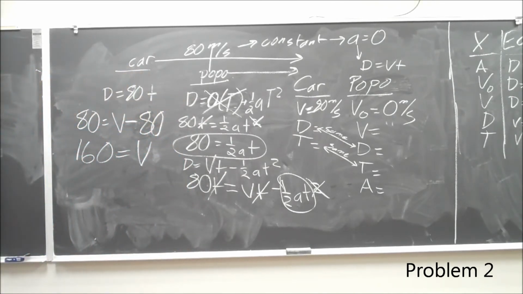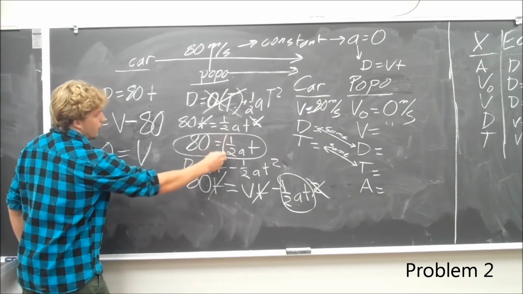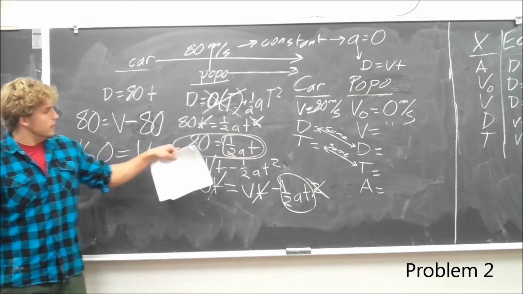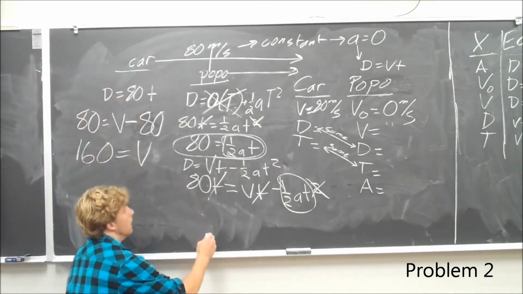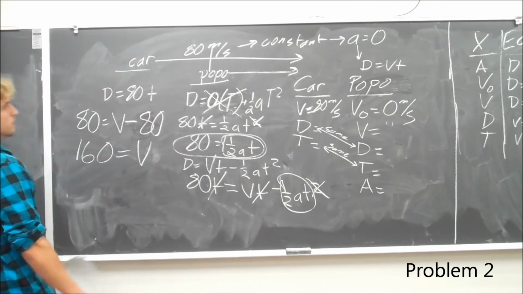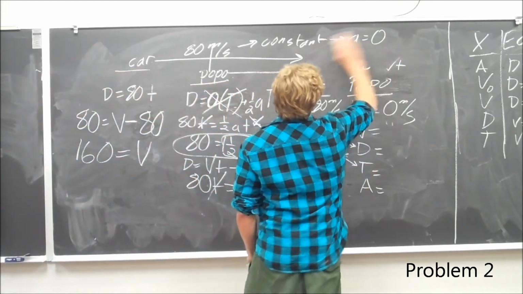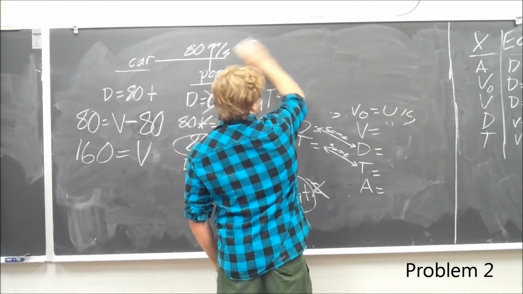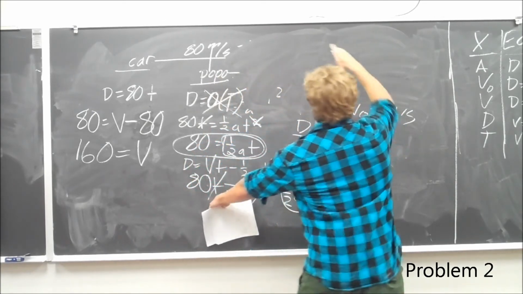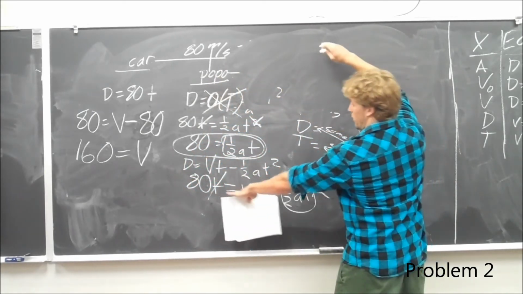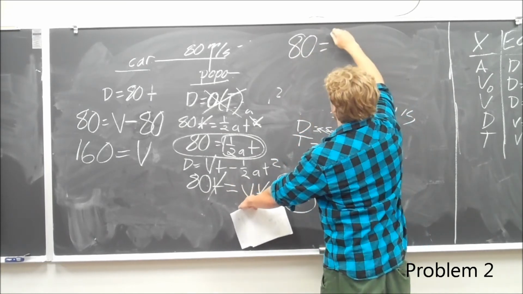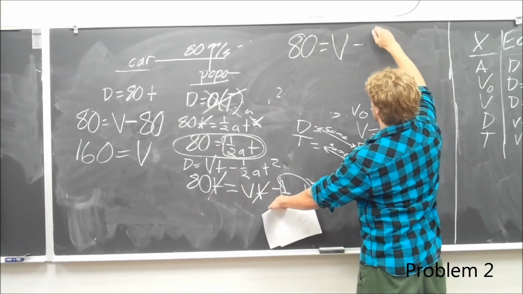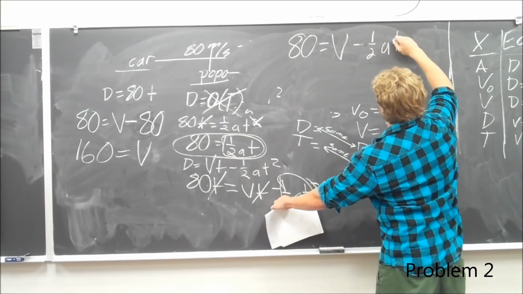Yes? I'm sorry, when you say plug in that 80, you were talking about when 80 equals half the acceleration times time? Yes. 80 is equal to 1/2 at. Okay? Now, over here, making it a little bit more clear, we have minus 1/2 at, right?